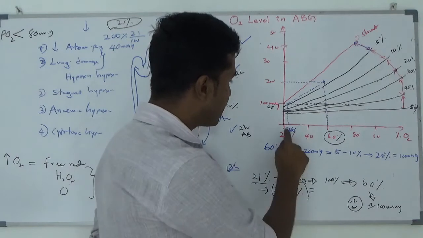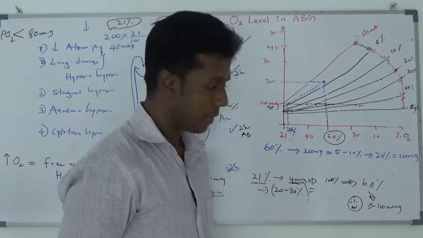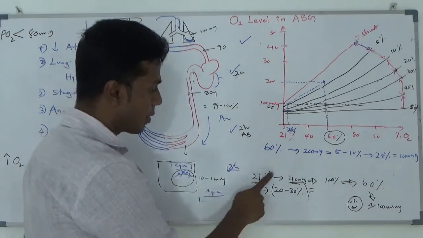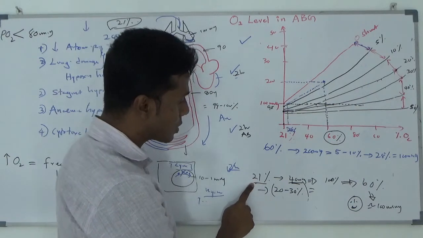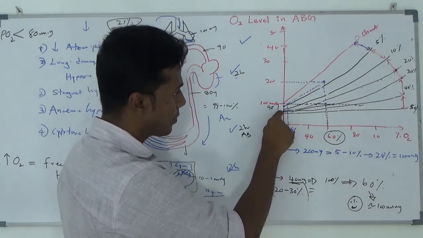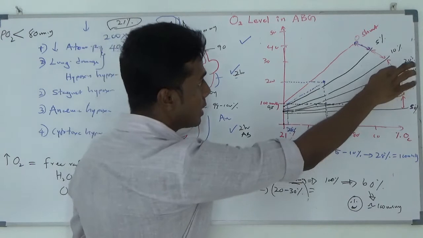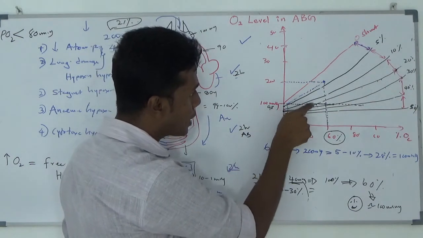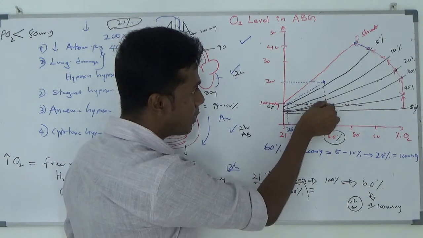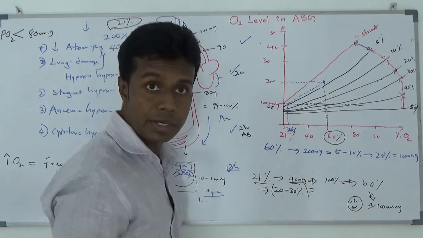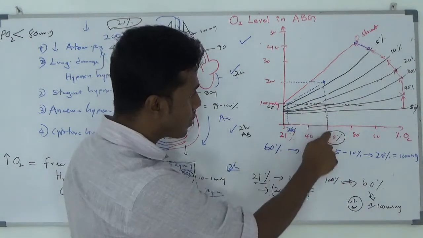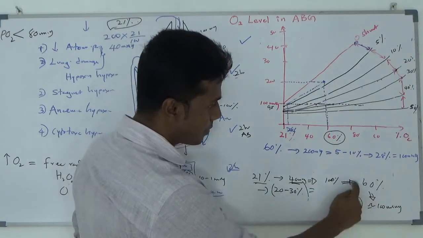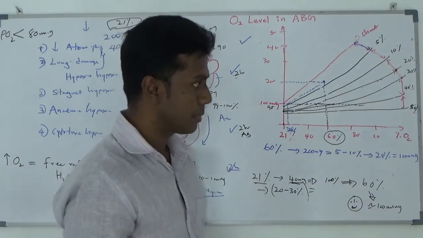Then I put that amount of oxygen to my patient. Previously, with 21% oxygen I found 40 millimeter mercury, and the shunt fraction was between 20 to 30. I went through that iso shunt line until I met 100 millimeter mercury. That much oxygen I put into my patient. With that I achieved 100 millimeter mercury.